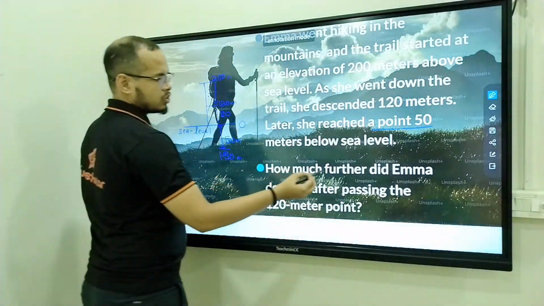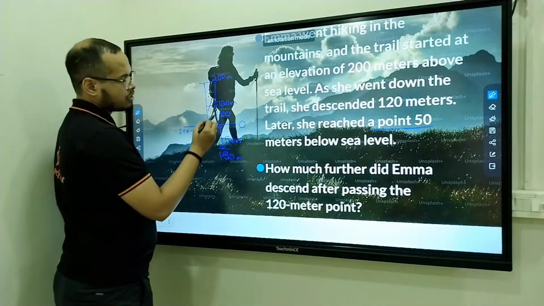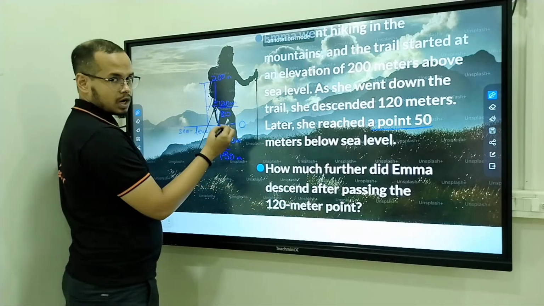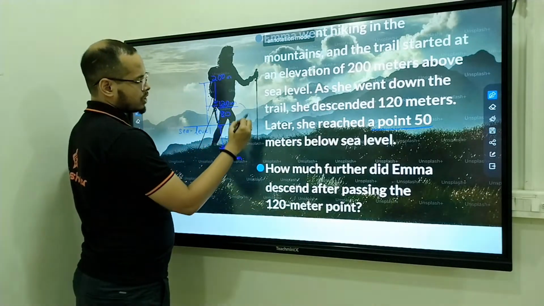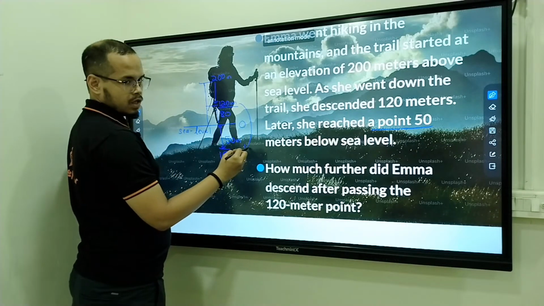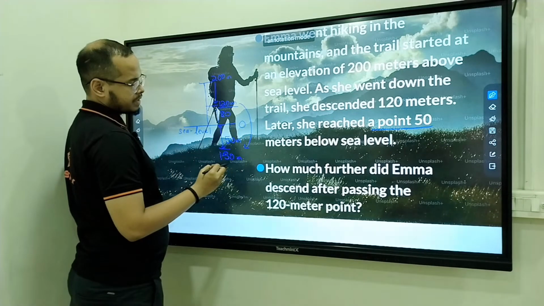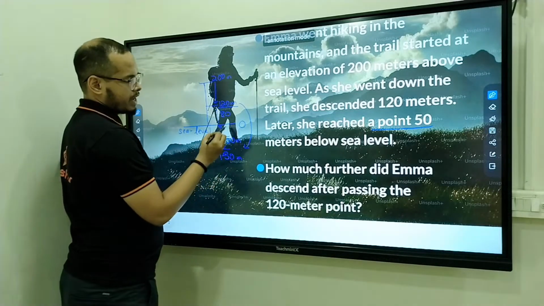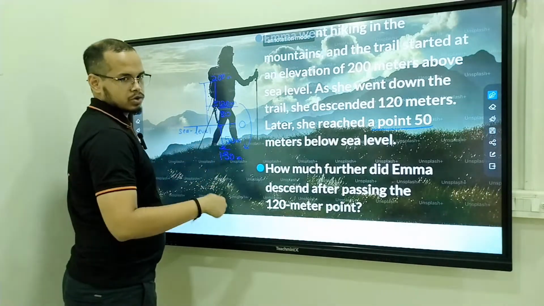If we want to understand how much she descended further, we are not starting from 0 now, we are descending from the 120-meter point to 50 meters below sea level. So the total descent is 80 plus 50 meters.